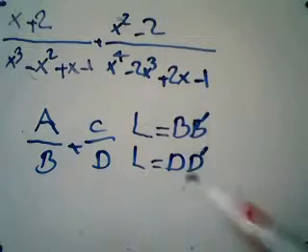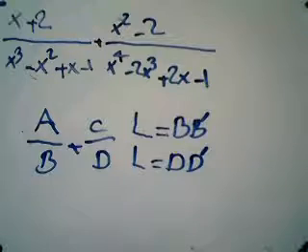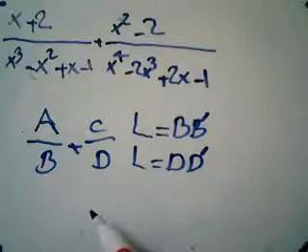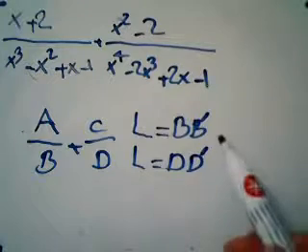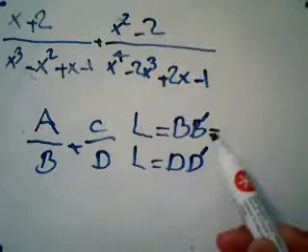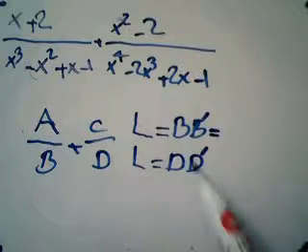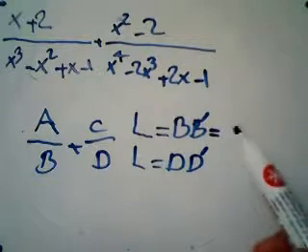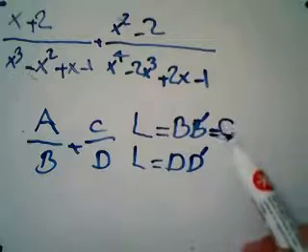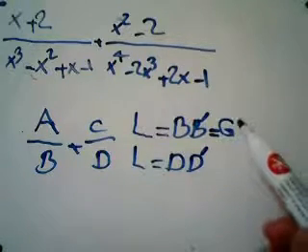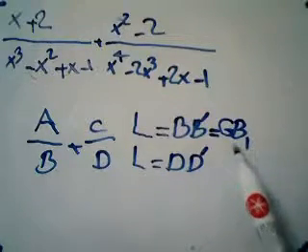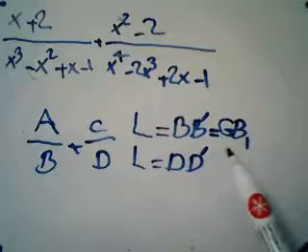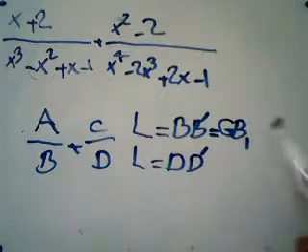Now let's write B and D in terms of their greatest common factor, and let's call that G. So B should be equal to G times B1, the greatest common factor of B and D times another factor.